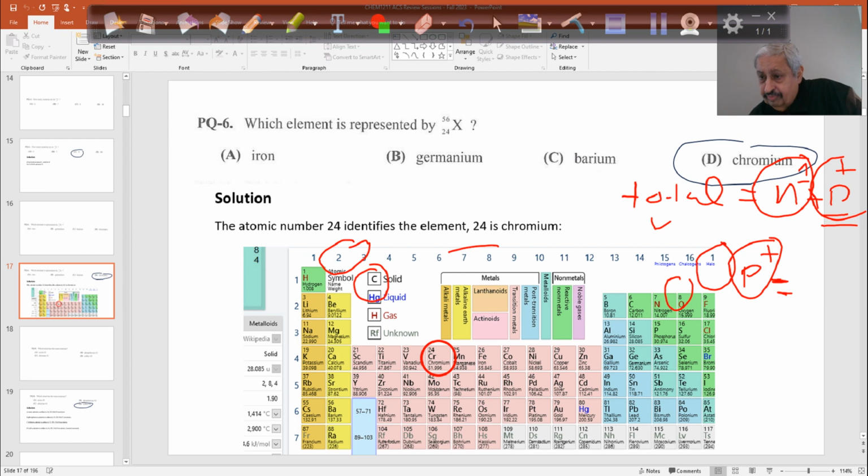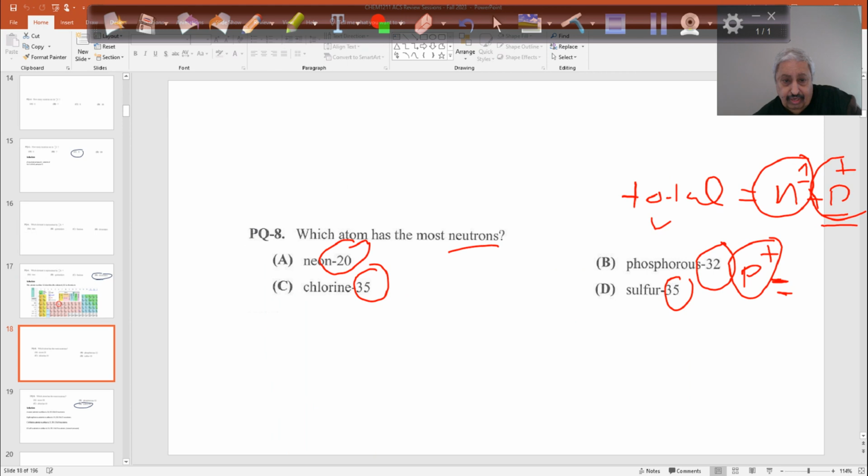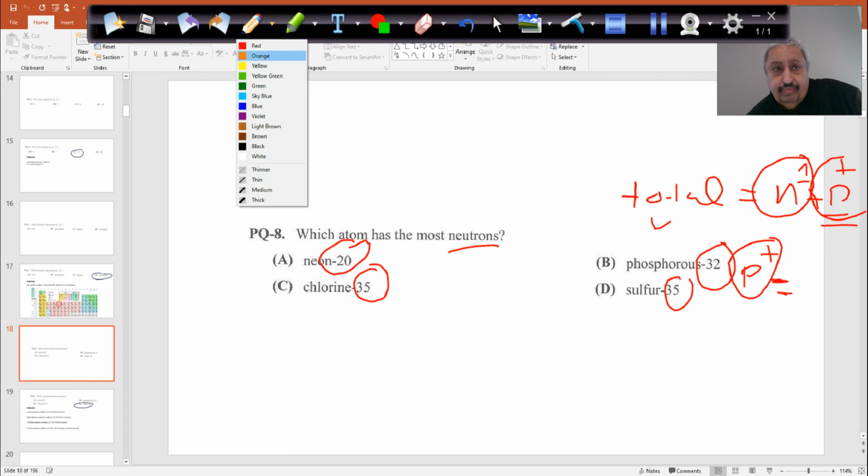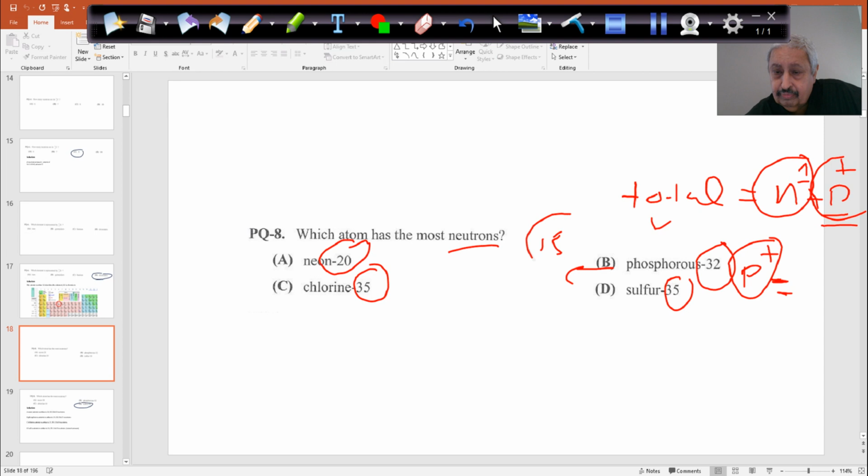It came out 32. So 15 and what is the next one? Because I can't see both of them here. Neon, how much? So the number of protons is 15. Sulfur is 16, correct?